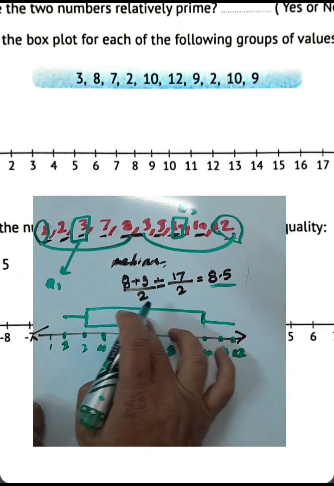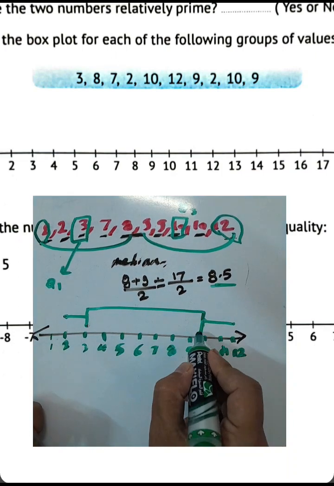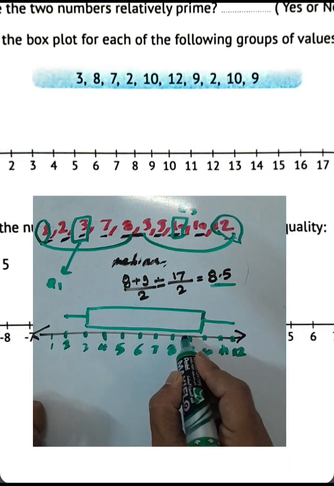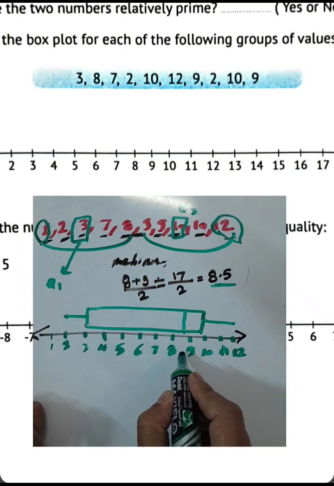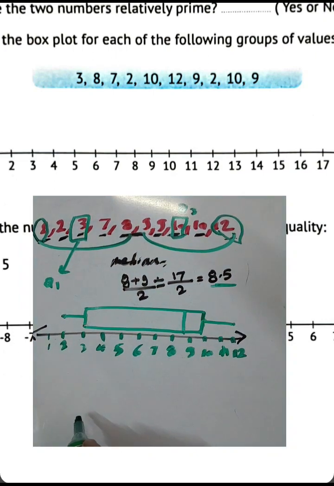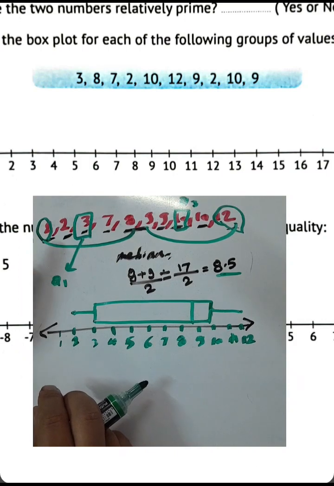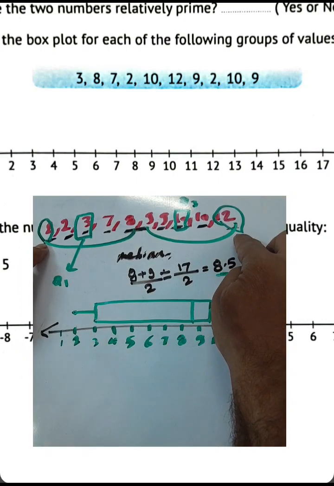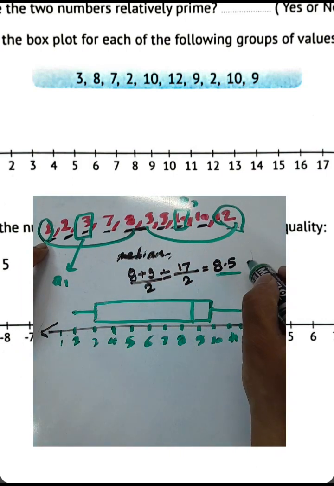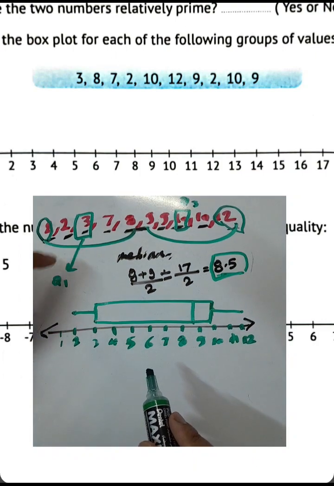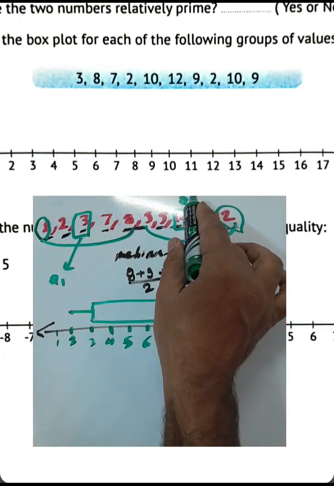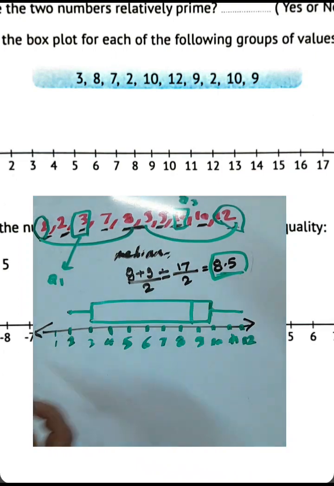From this part, 8 and a half here, the median 8.5. Okay, understood? So the minimum, the maximum 12, the median, the quartile one 3, quartile 3 equal 10, it's the upper quartile here.